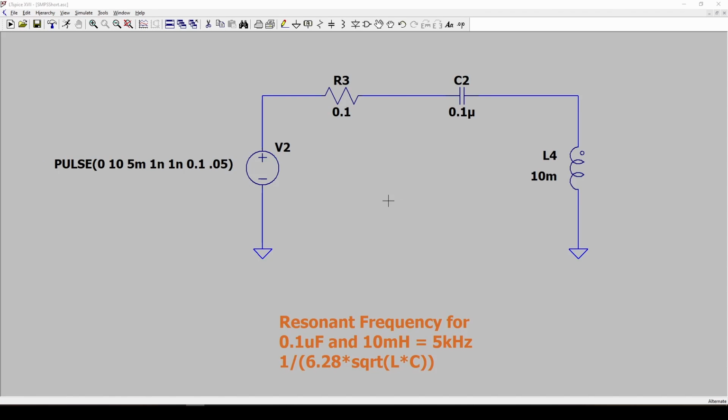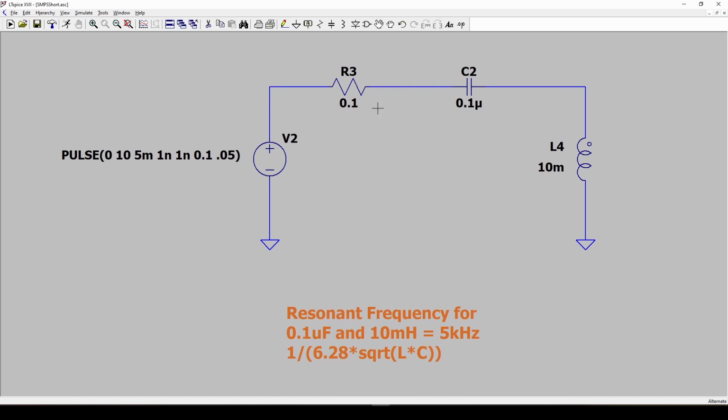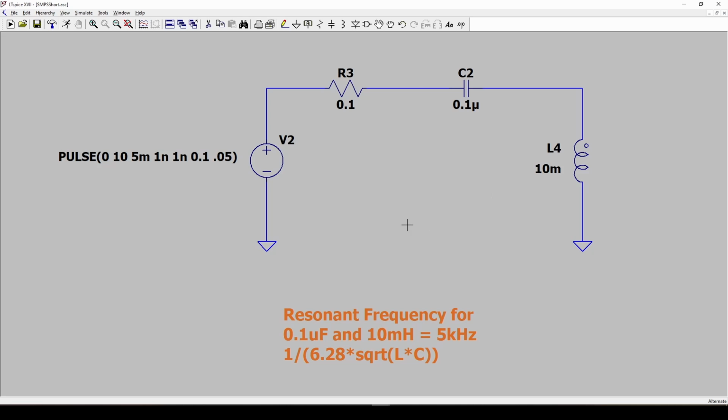Now there is one other related but not really important aspect of this RLC circuit, and that is what's called the quality factor or the Q factor. That is basically just an indication of the relative amount of resistance in this inductive circuit. And as we said before, the amount of resistance affects how quickly the ringing is damped.